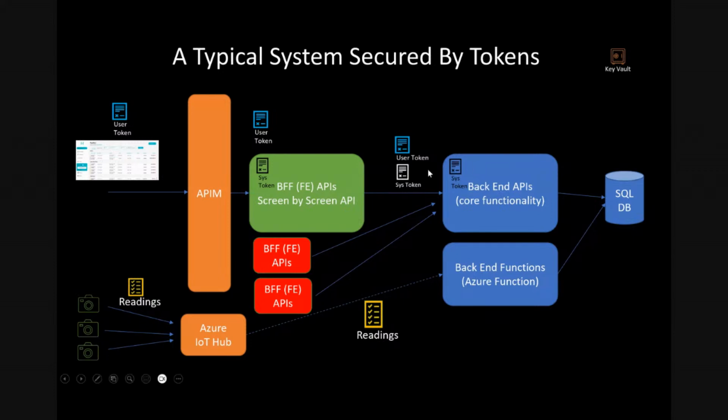Now, the other piece that I did want to talk about here briefly is the system token. It's exactly the same. It's a user token, it's an OAuth token, it's a JWT token, except the entity that requested this token is some code. So in this particular code, they have a client ID, they have a secret or a username and password.